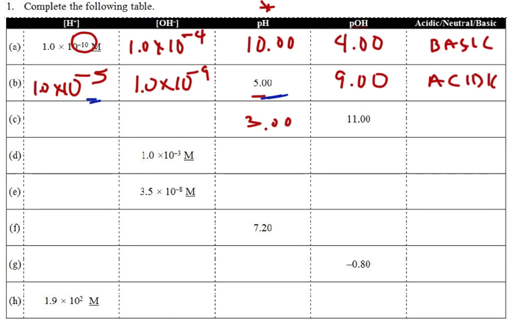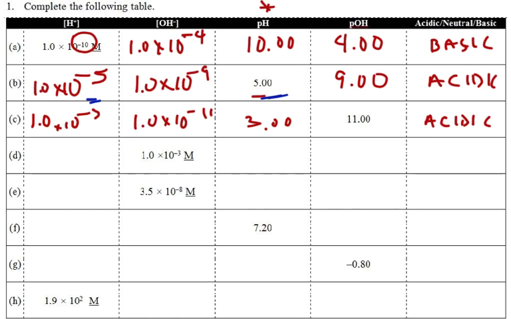And if the pH is 3, we know this is an acid. And we go back, and now we say, well, the first number, our H plus concentration, is 1.0 times 10 to the minus 3, and this would be 1.0 times 10 to the negative 11.